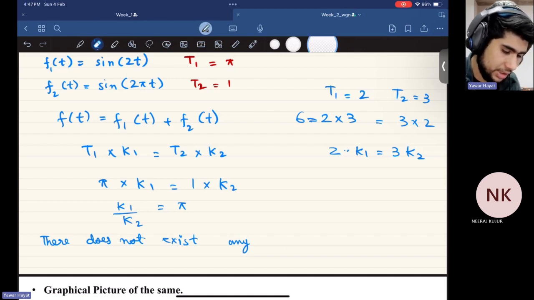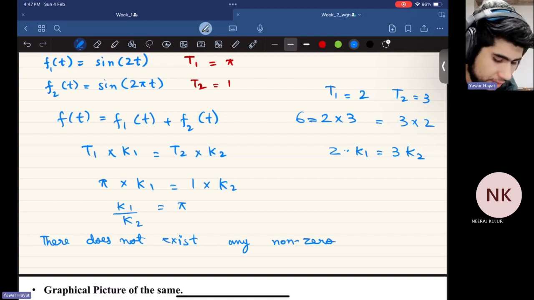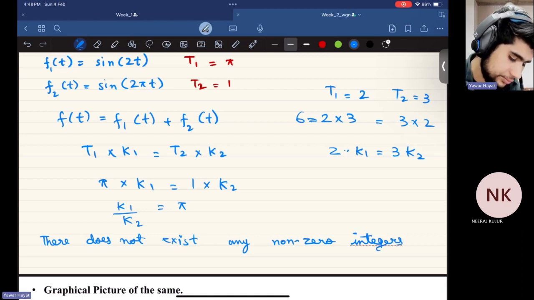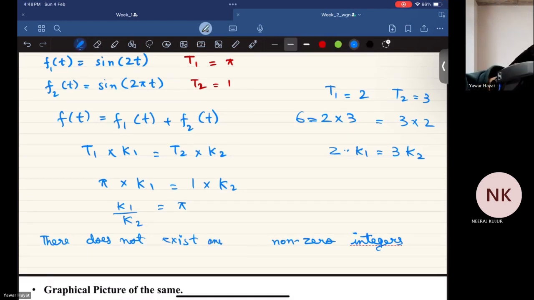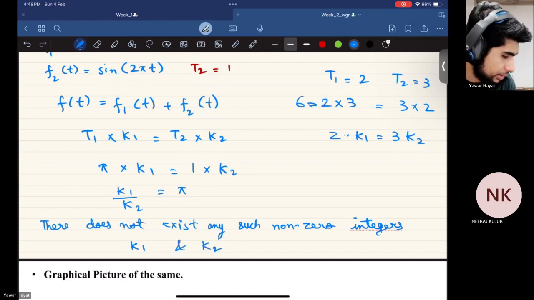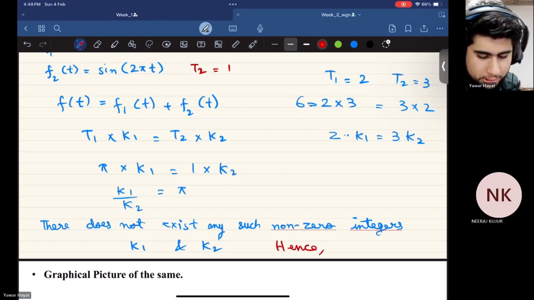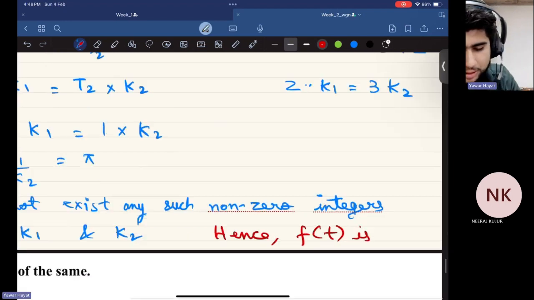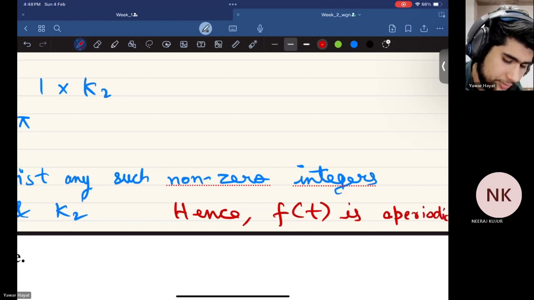There does not exist any non-zero integers, right, and hence this f of t is not periodic.